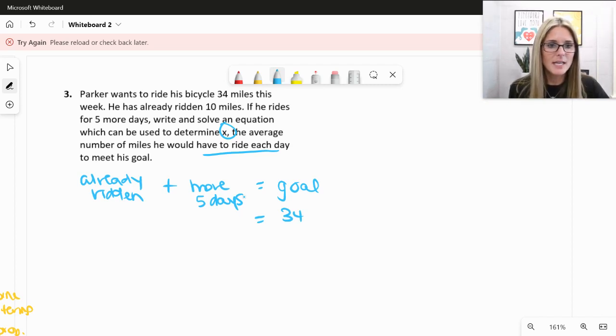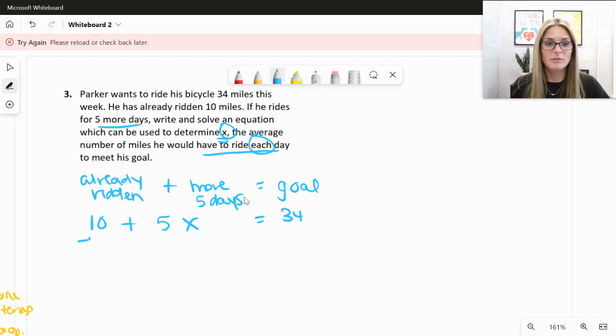Already have ridden 10 miles, and we are going to ride a certain amount of miles per day, each day, for 5 more days, right? So 5 times this average that we need to hit to make our final goal. They already said that X is going to be that average number of miles that we need to ride each day for these remaining 5 days of the week. So that is going to be our variable. 10 plus 5x equals 34 is our equation.